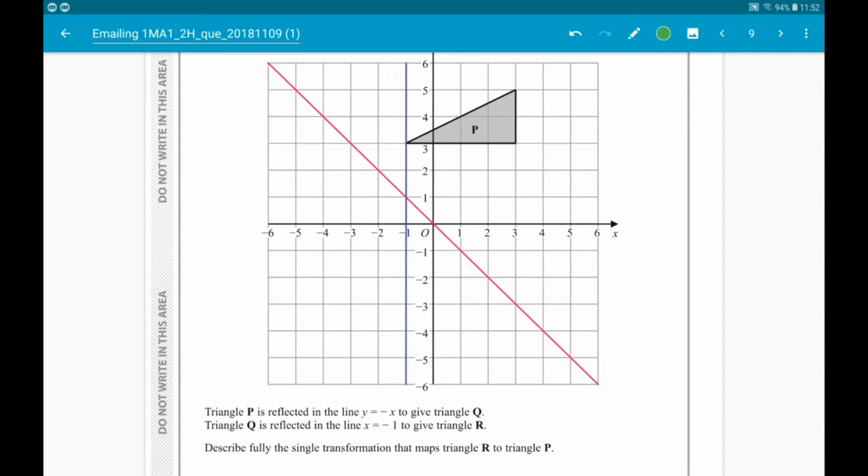So the red line is y equals minus x, and the purple line is x equals minus 1.